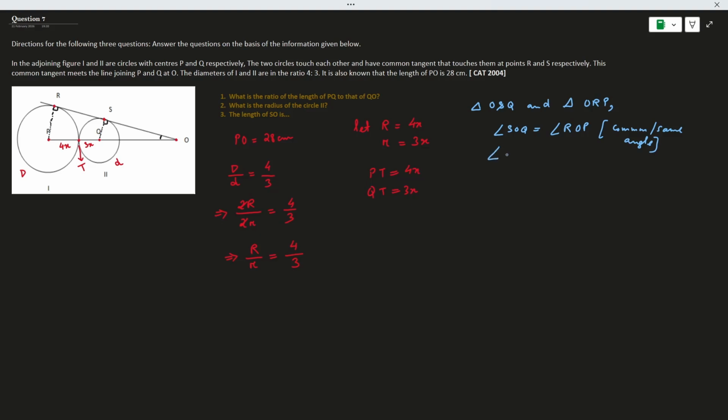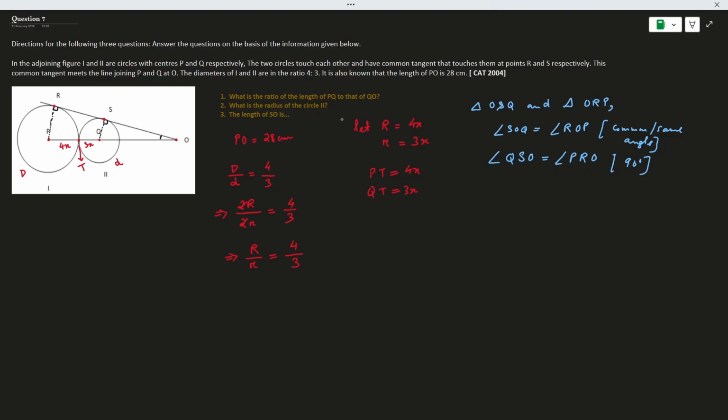And angle QSO is equal to angle PRO, each angle 90 degrees.